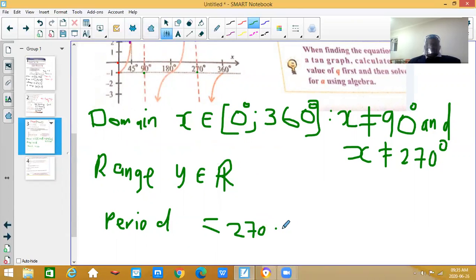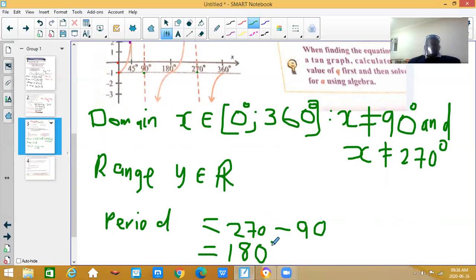So you say minus this number, which is the line of asymptote here, which is 90. Simply 270 minus 90, what did you get? 270 minus 90 gives us 180.